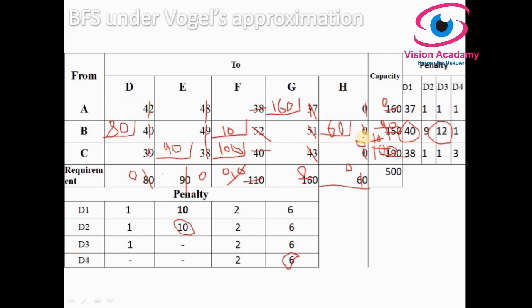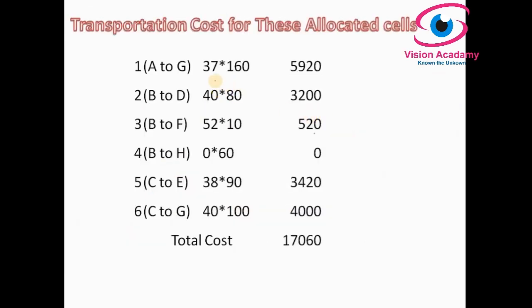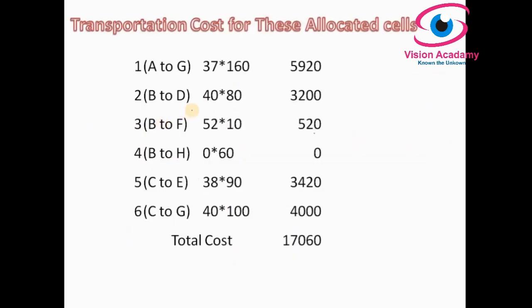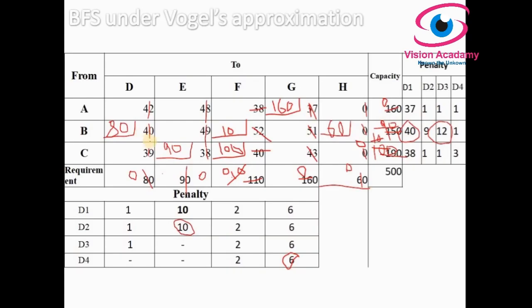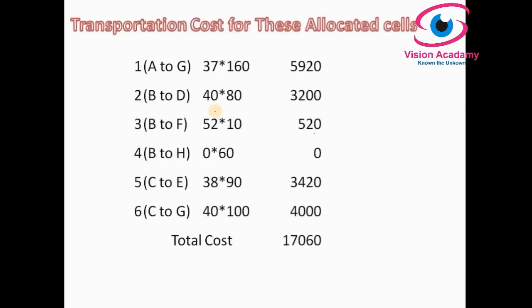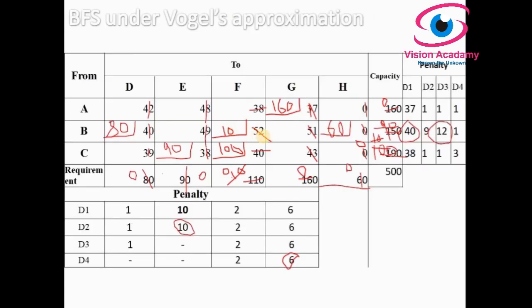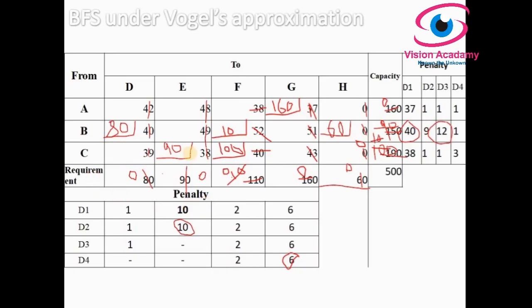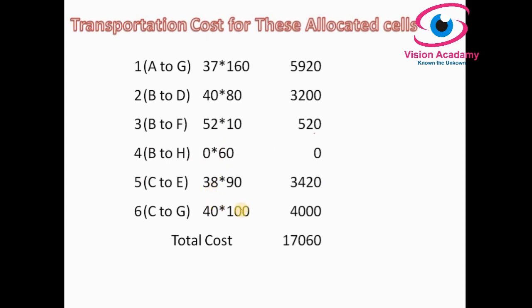Let's calculate the transportation cost. First one is Xij is 160, Cij is 37: 37 into 160, 40 into 80, 10 into 52, 16 into 0, where Cij is 0 in this case, then 38 into 90, and 100 into 40.